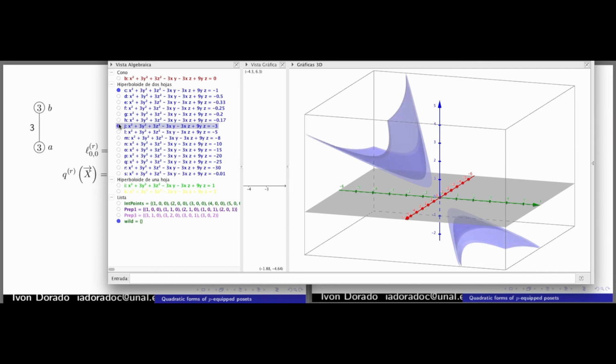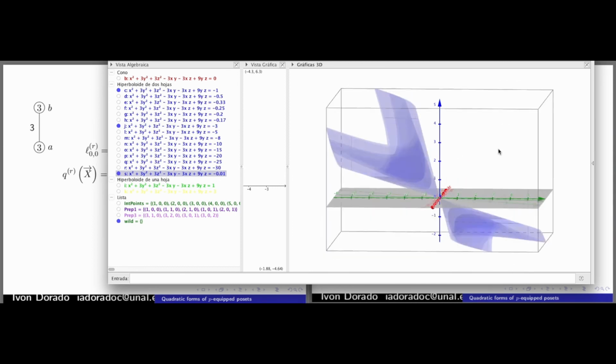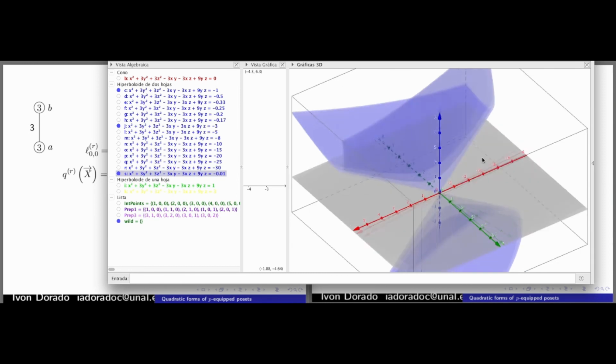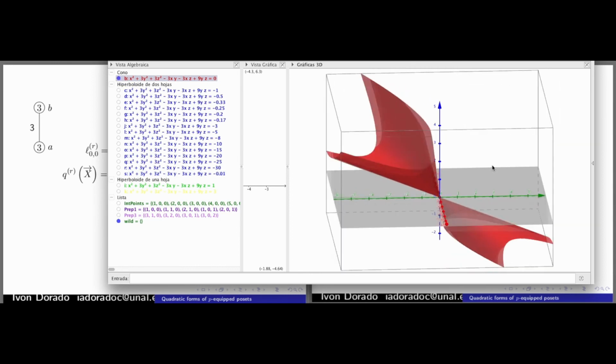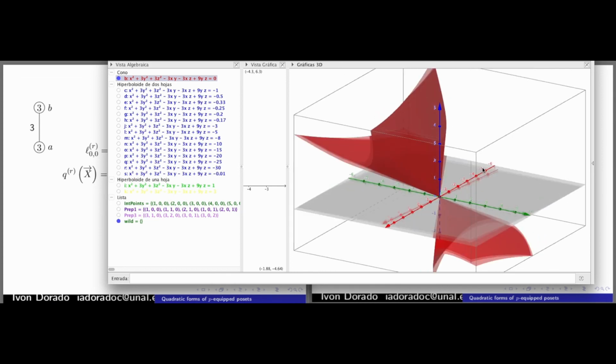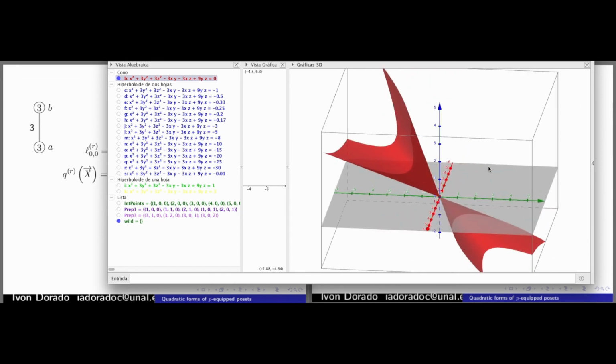This is the quadratic form equal to -0.01. So we have these surfaces, but they have no intersection with the first octant. When the quadratic form is equal to 0, we have this cone that doesn't have any point with natural coordinates, so this poset isn't tame.